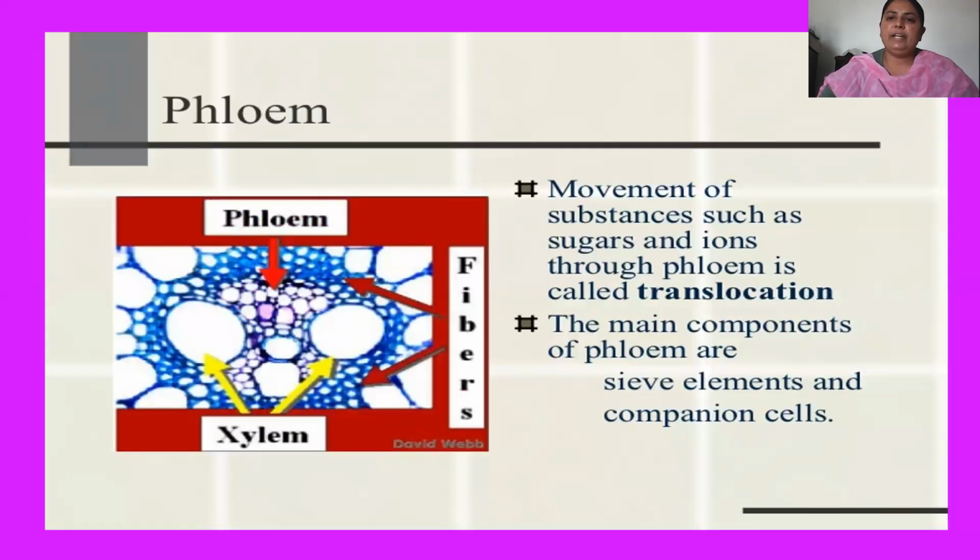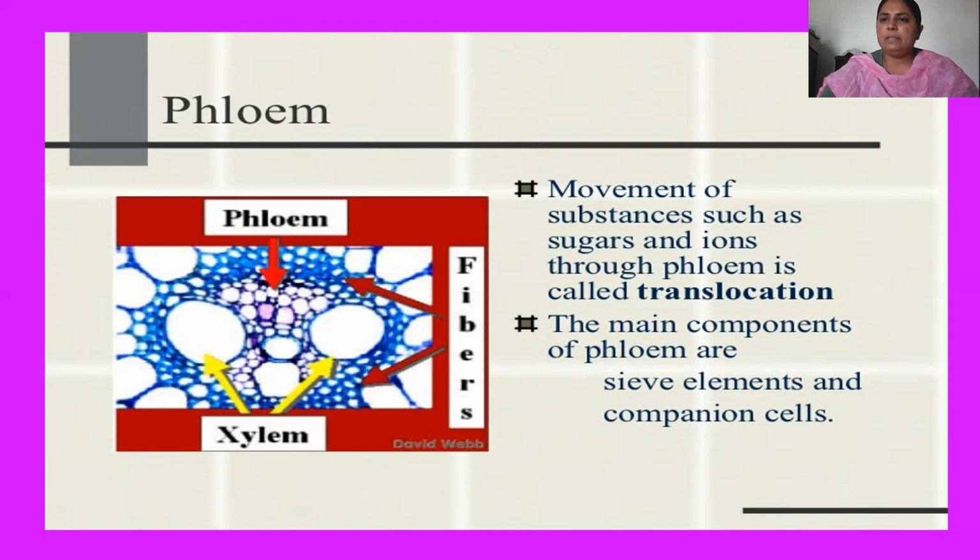materials. Yes, student, here I am telling you the main function of the phloem. Phloem performs the function of movement of substances such as sugars and ions, and this process is known as translocation. The main components of the phloem tissue are sieve elements and companion cells. Sieve elements are of two types.